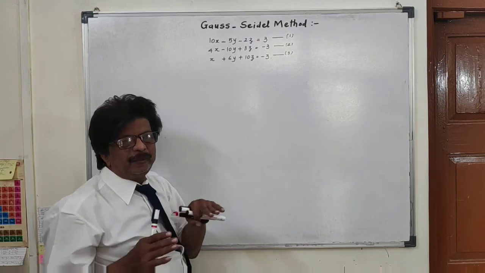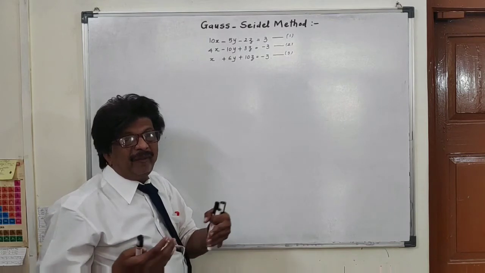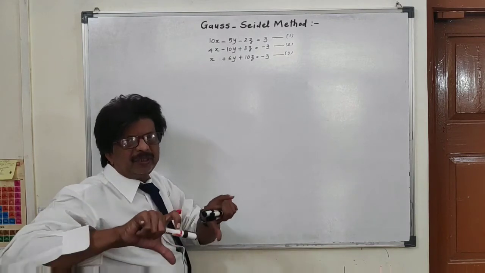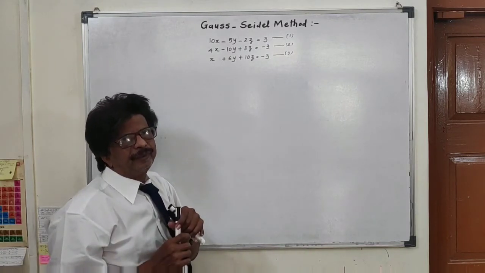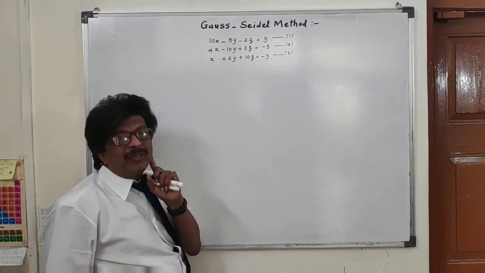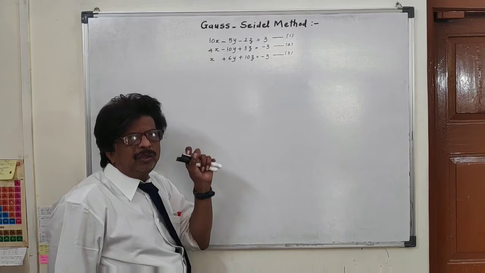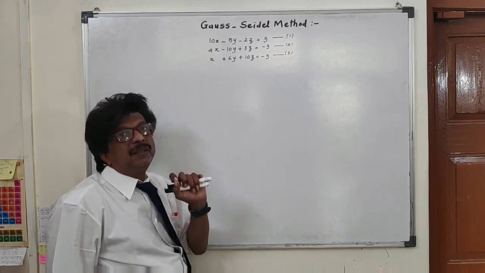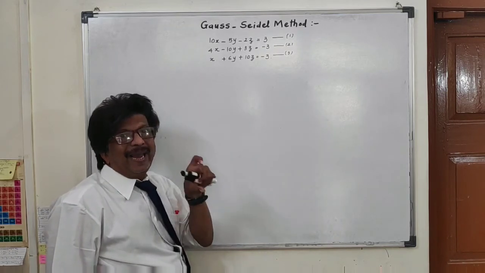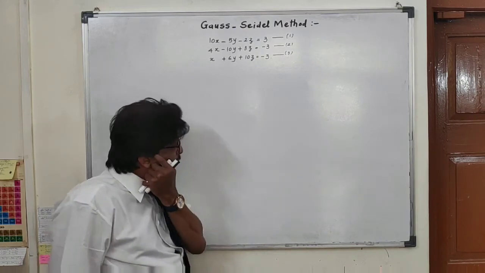These methods are precisely devised or made for some special system of equations. There is something special in these three equations. If you observe this closely, there is a peculiarity, some characteristic of this system.